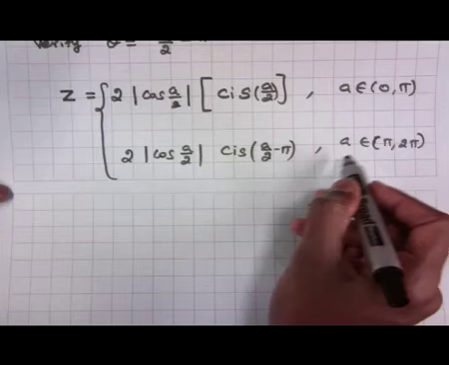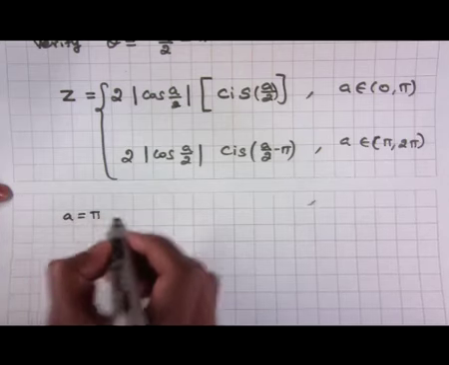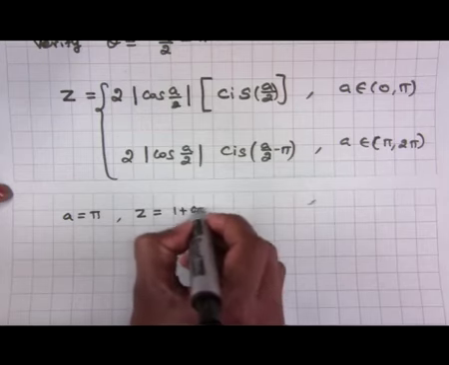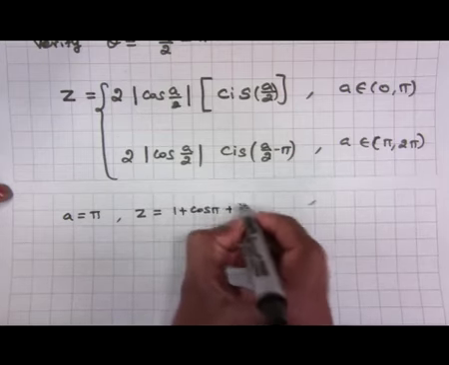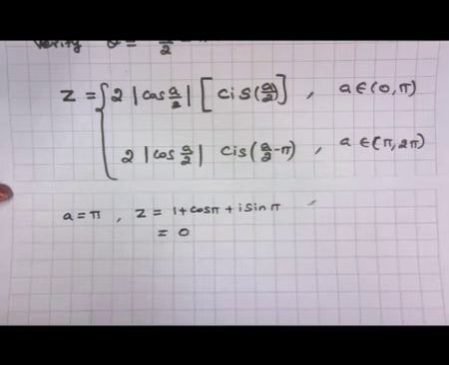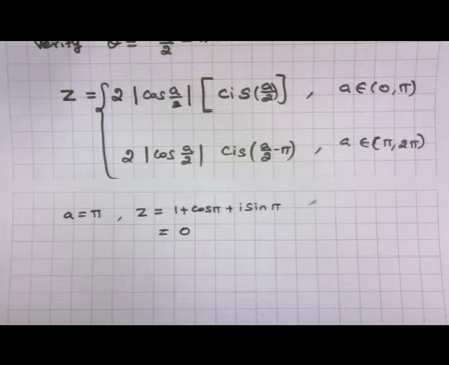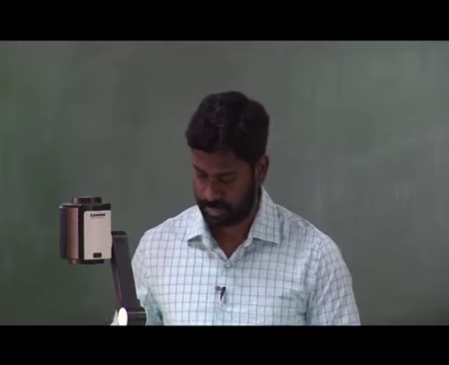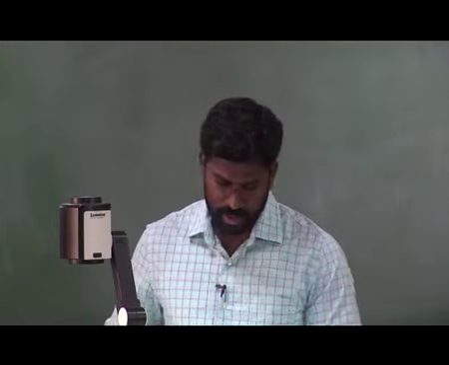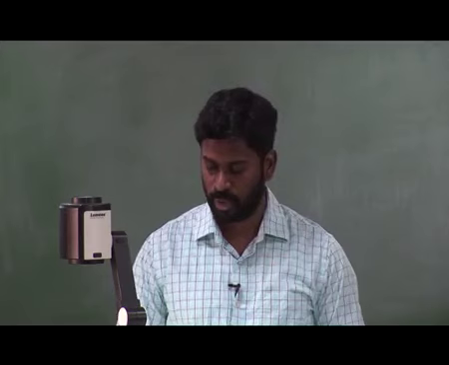So, for the value A equal to pi, we can notice that z is 1 plus cos pi plus I sin pi, which is 0, and 0 has no unique polar representation. So, with these examples, let us move to multiplication of complex numbers using polar representation.